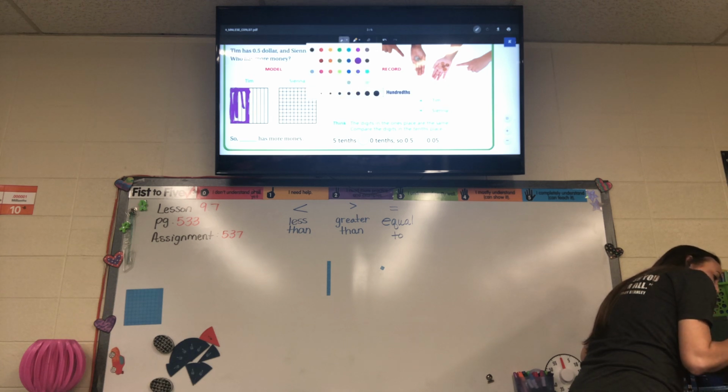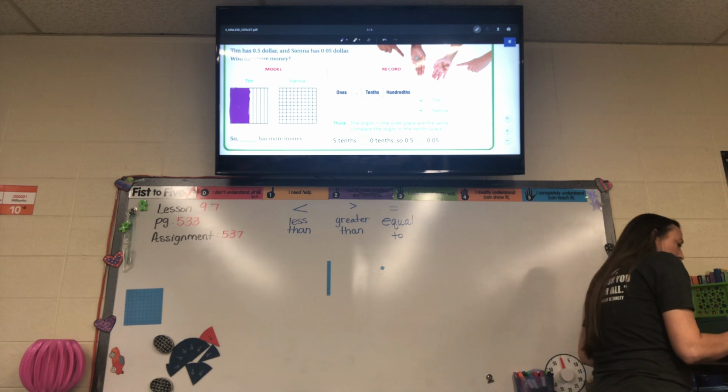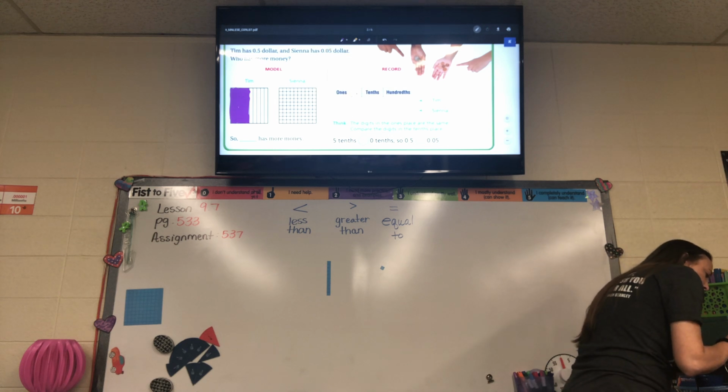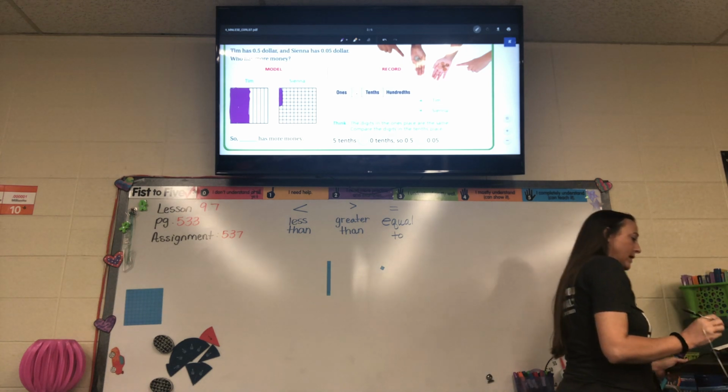Look at that, that's going much faster. Okay, so there's Tim's amount of money. And then Sienna has 5 hundredths. So she has 5 of these guys. So it's clear to see that Tim has more money.